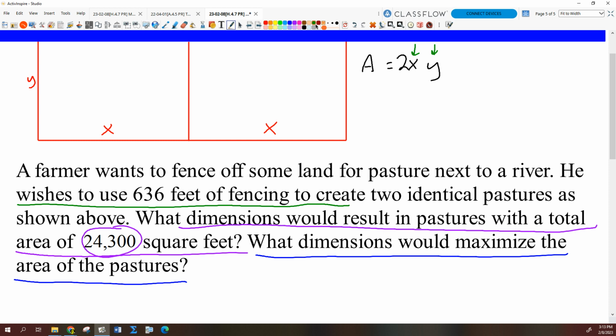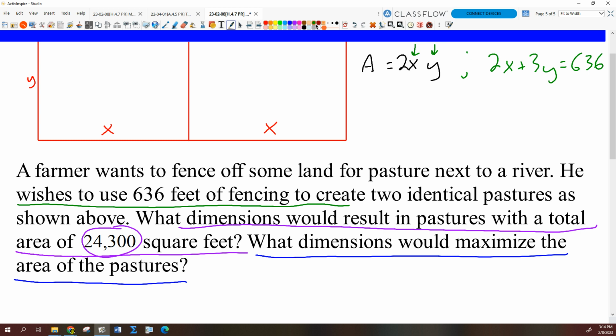I've got to do both of those horizontal fence lines and all three of the vertical fence lines. So we get the secondary equation, 2x plus 3y equals 636. Okay, agreed?